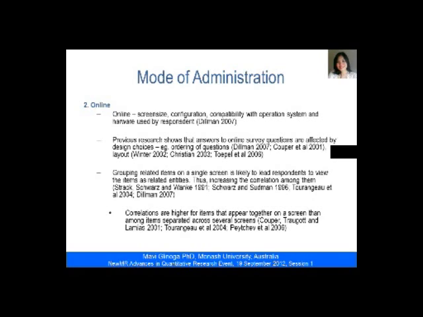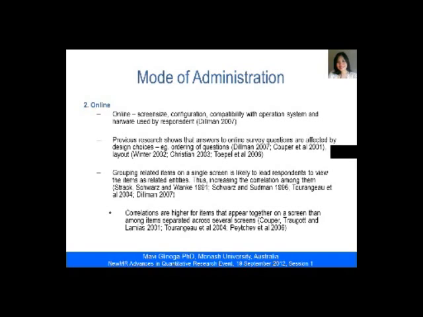Also, you need to consider the real-life configuration, so ensure that your questionnaire is compatible with a lot of the operating systems, be it Apple or BlackBerry, and the hardware used by respondents.